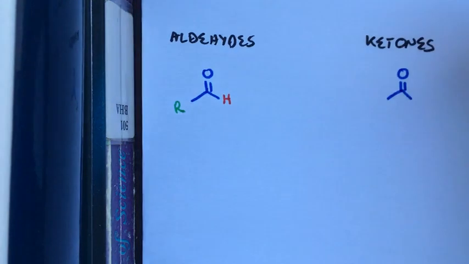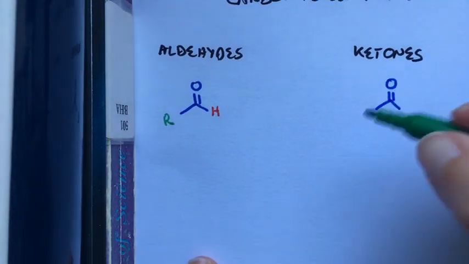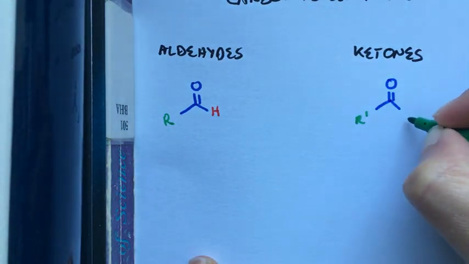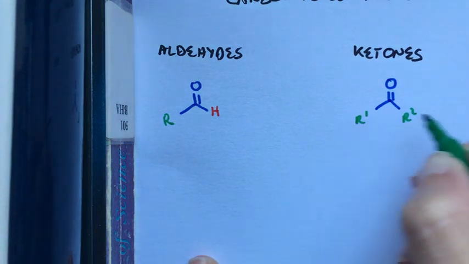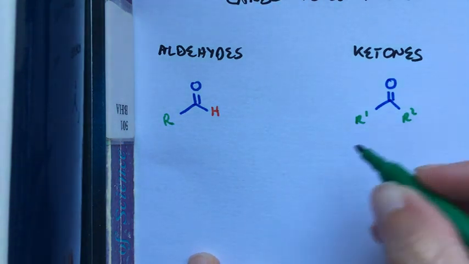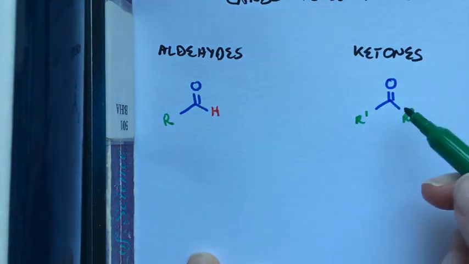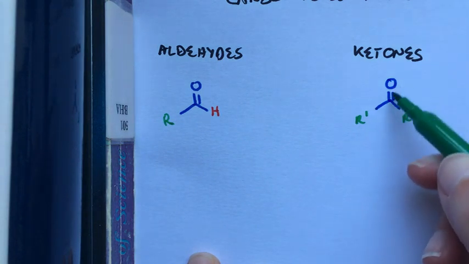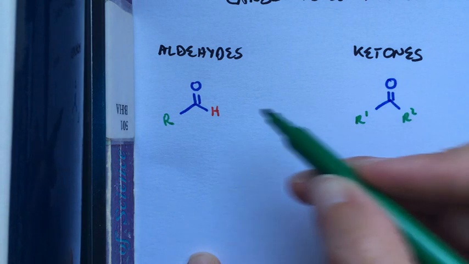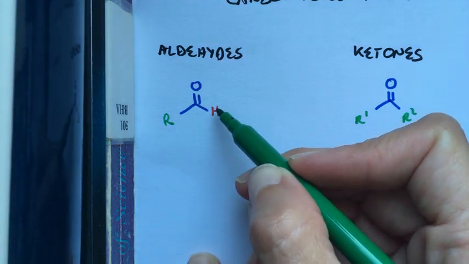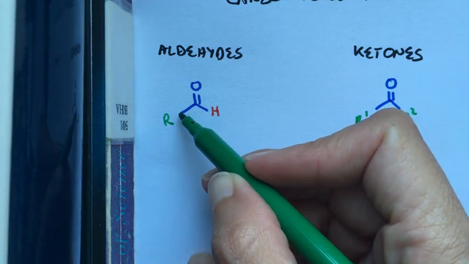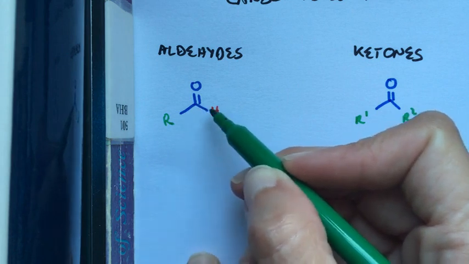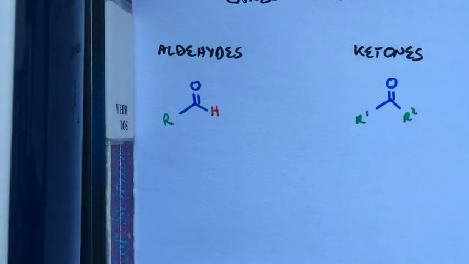And on the ketone, I have two different alkyl groups. So in a ketone, I've got two carbon atoms attached to the carbon that is double bonded to oxygen. In the aldehyde, I must have at least one hydrogen. That could also be a hydrogen, but I must have at least one hydrogen.